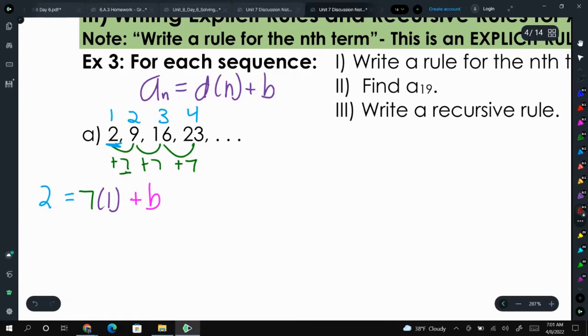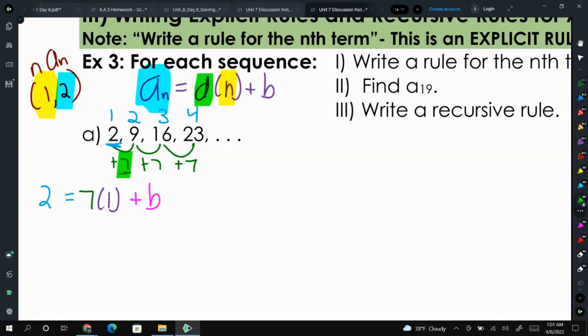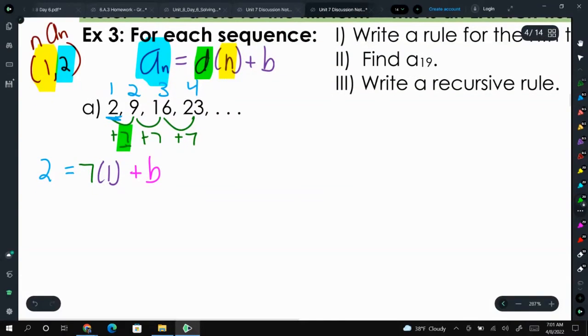If it helps you to think of it, you could say, all right, what if we had the point 1 comma 2, where instead of x and y, we have n and a sub n, and that's what we plugged into this formula. And we also know that 7 is our d value. So then we can get b by itself.